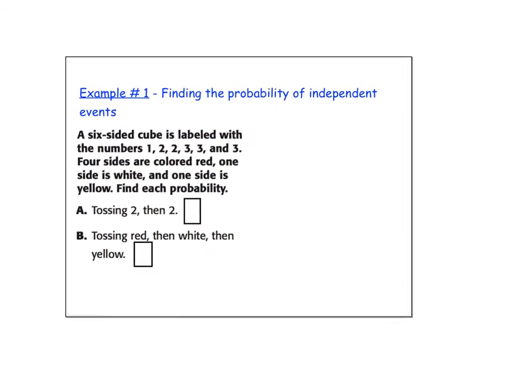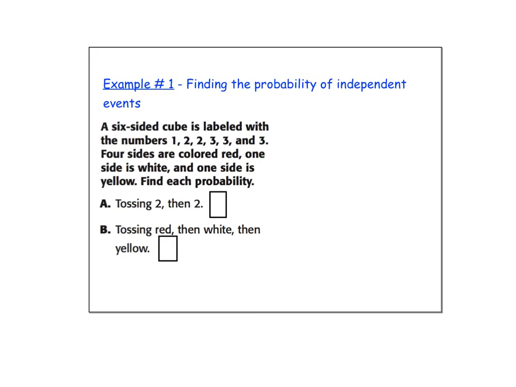Let's look at example number one, and it just says, find the probability of each independent event. It says a six-sided cube is labeled with the numbers 1, 2, 2, 3, 3, and 3. Four sides are colored red, one side's colored white, one side is yellow.